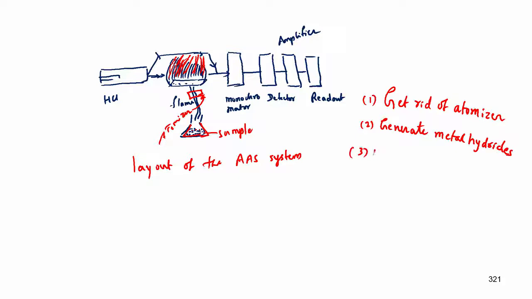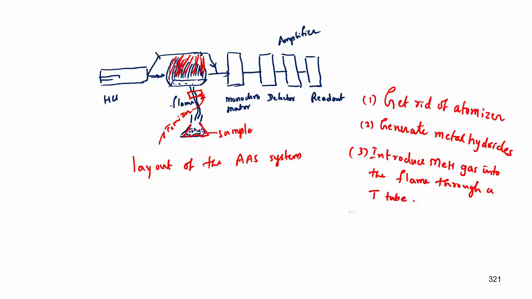And third is we introduce metal hydride gas into the flame through a T tube.